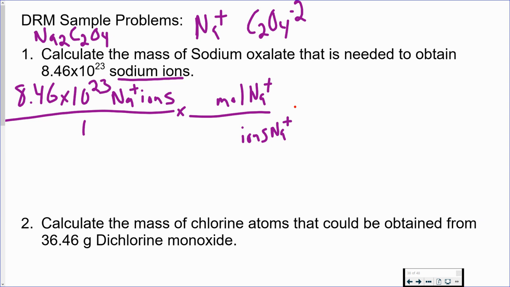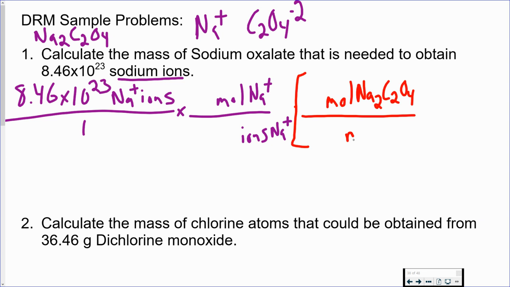So we're going to use the mole ratio. I'm going to put it in brackets so you can tell that it is different. So up top is going to be the type of moles you want to get to. That would be sodium oxalate, Na2C2O4. And down below would be the moles that you were in. Those would be just moles of Na plus. Notice how we have mole up top and mole on the bottom.